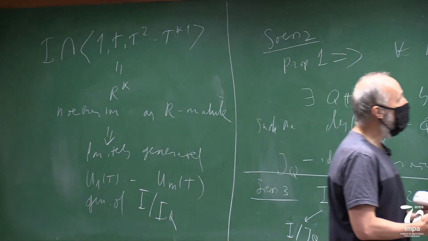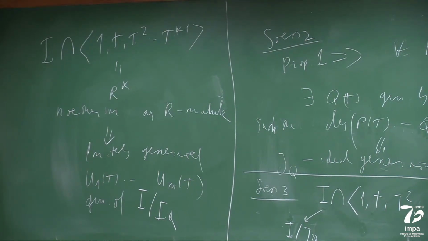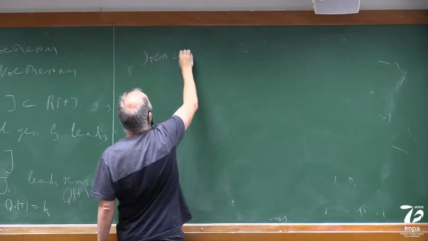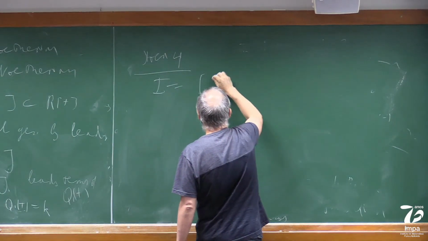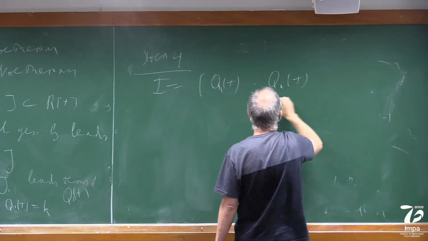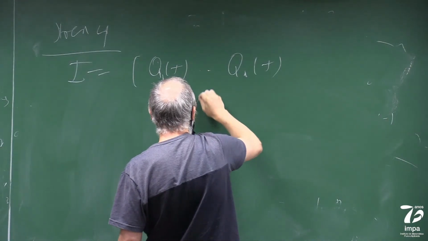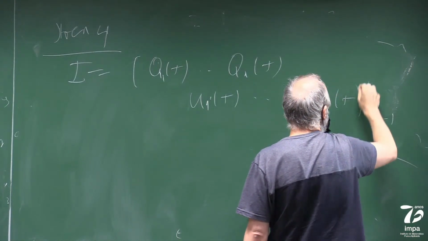So what we obtain in the end is that I is generated by this set of generators of two types. So, step 4: I is generated by Q1 of t up to Qn of t, and then P1 of U1 of t up to Um of t.